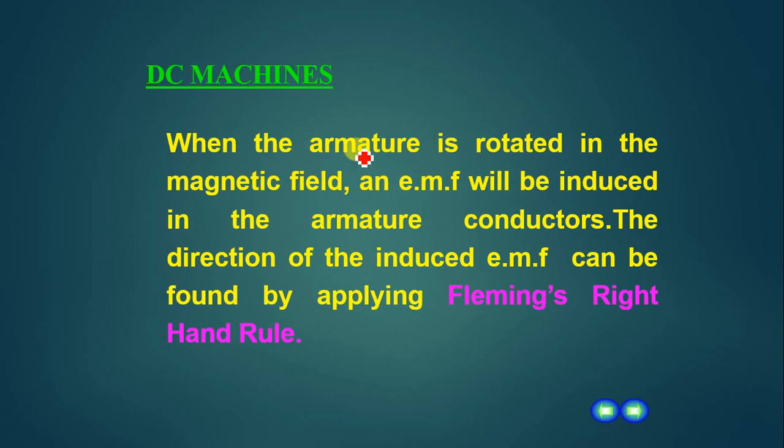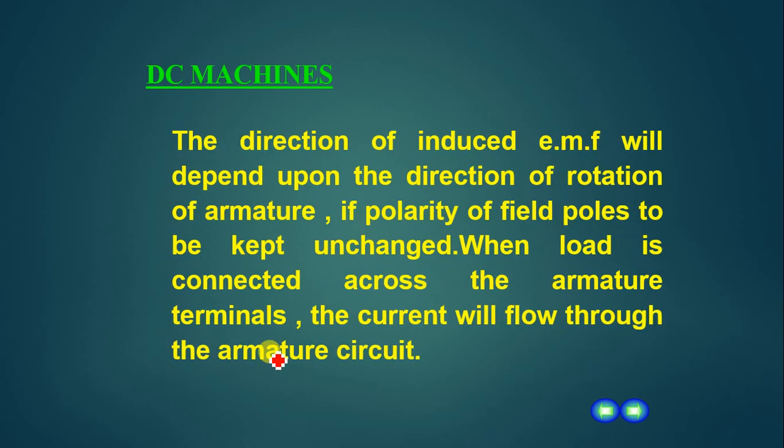So the armature is rotated in the magnetic field and EMF will be induced in the armature conductors. The direction of induced EMF can be found by applying Fleming's right hand rule. The direction of induced EMF will depend upon the direction of rotation of the armature.